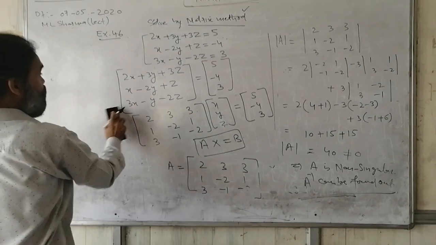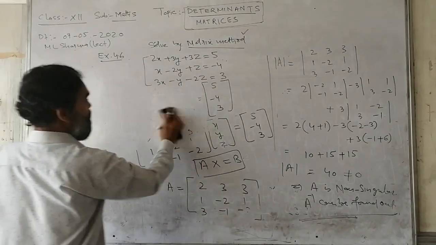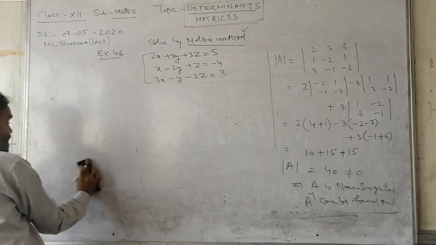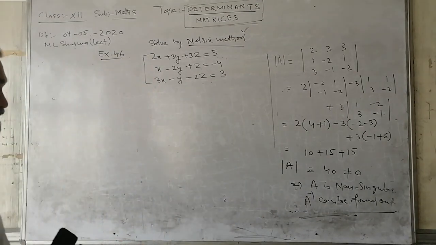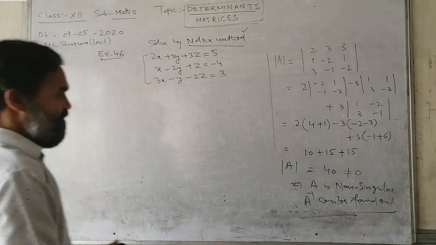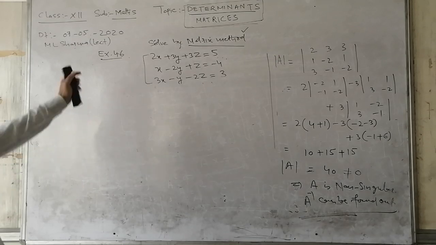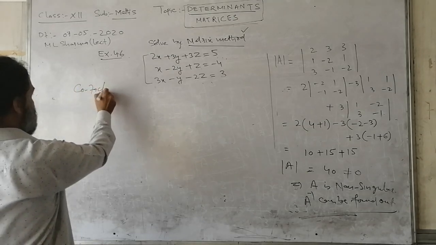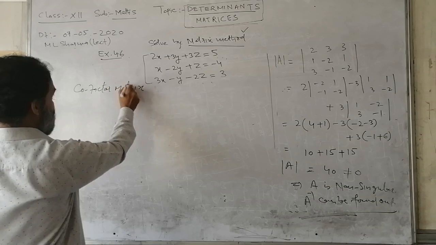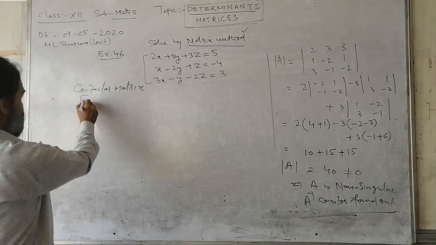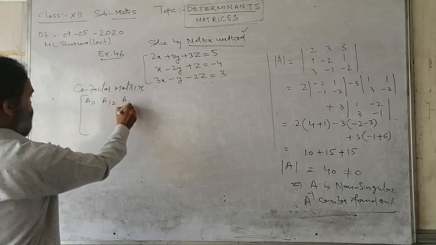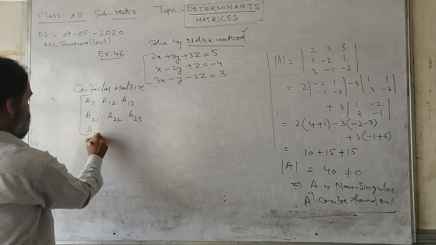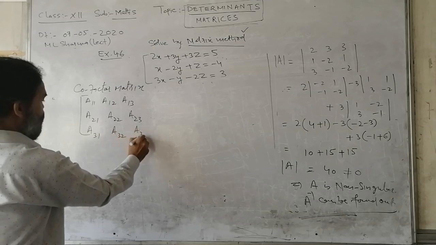So next, after finding the determinant of A, I will find the cofactor matrix of this matrix A. So for the cofactor, we have a 3 by 3 matrix: A11, A12, A13, A21, A22, A23, A31, A32, A33.